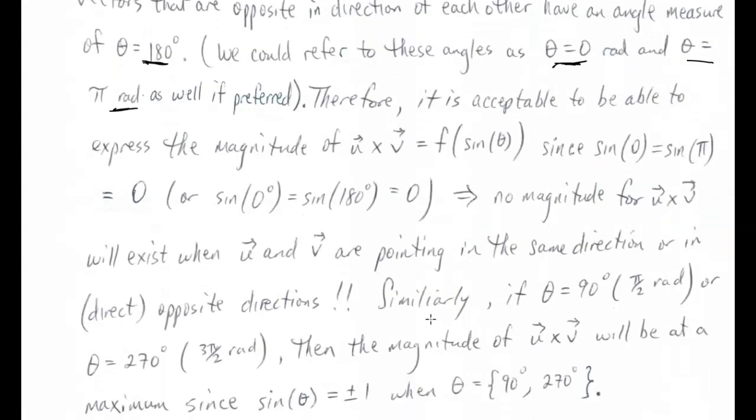Now, because anytime two vectors have an angle of 0 or 180 degrees in between each other, we want the rotational effects to be 0 because there won't be any, the sine function actually provides that functionality for us. And so that's why it's acceptable for us to express the outcome of u cross v in terms of a function of sine. And really the sine of some angle is going to be the magnitude part of it, okay?